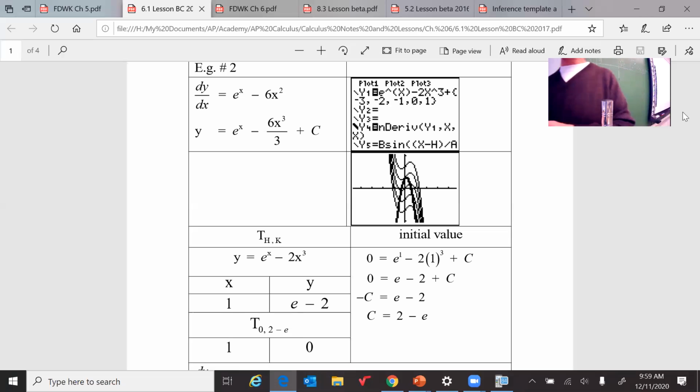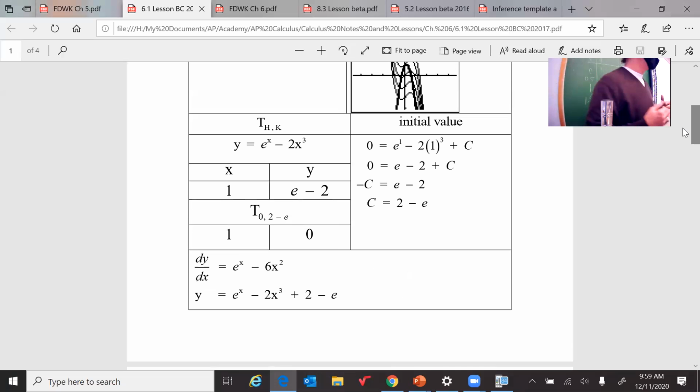So we come over here, we do this. If I assume the constant is 0, and I put 1 in here, you get e subtract 2. You don't need e subtract 2, you need a 0 there. So we have to shift the graph down by a magnitude of e subtract 2.